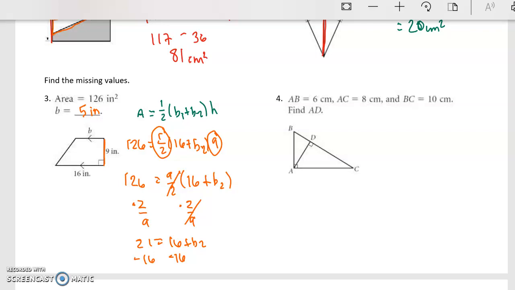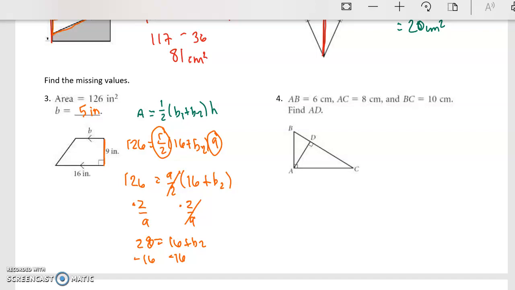Let's go back and see where we made our mistake here. We did 9/2, 16 plus b2. We multiplied by 2/9. Oh, I apologize. This was 28. There we go. 28 minus 16 is 12. Okay, so see, there we go.